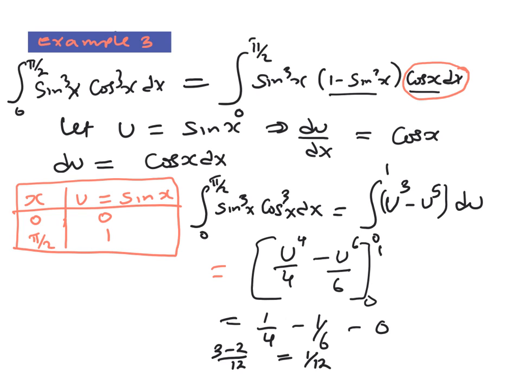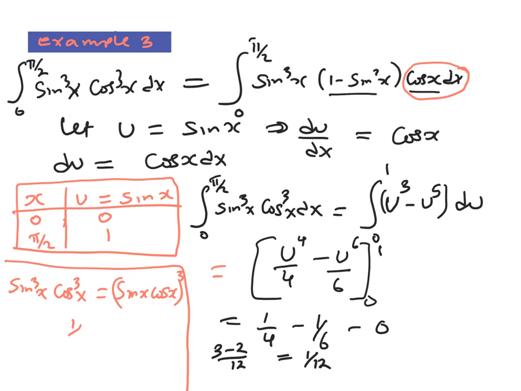So that's the integral of sine cubed cos cubed dx. But I also give you a hint about this. You can also look at sine cubed x cos cubed x as sine x cos x, then cubed. But sine x cos x is a half of sine 2x, then cubed.